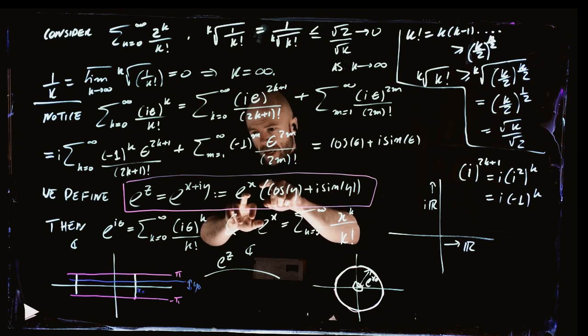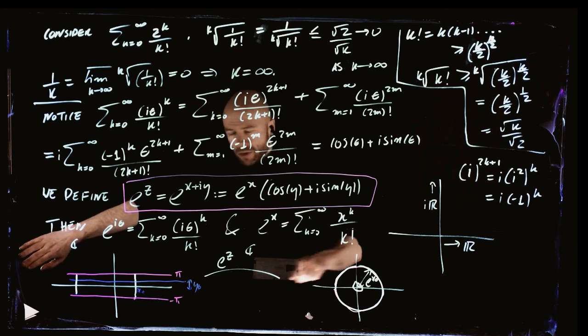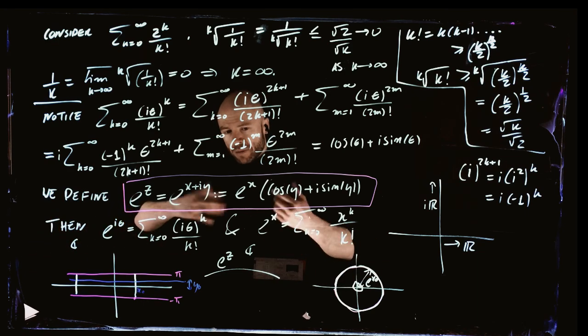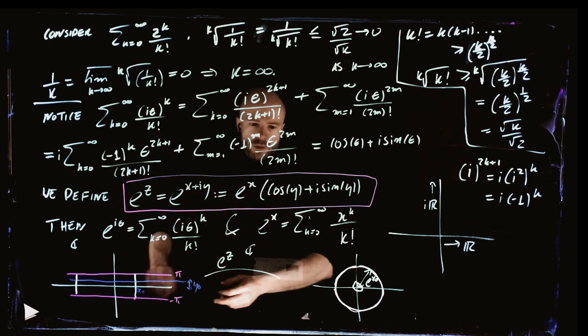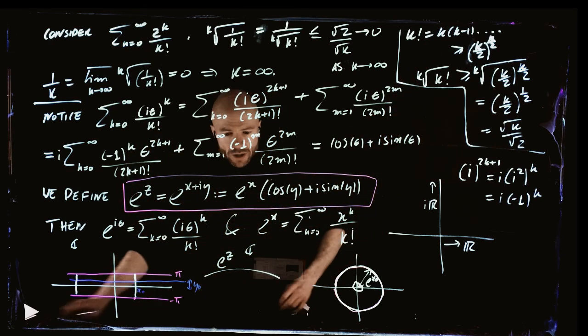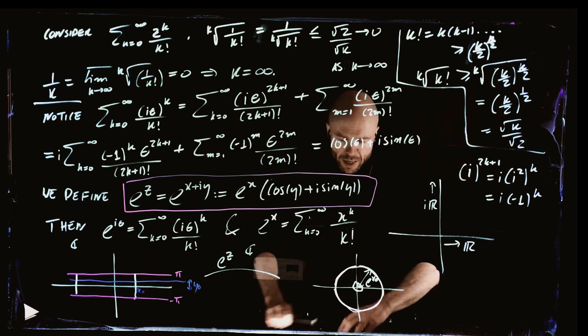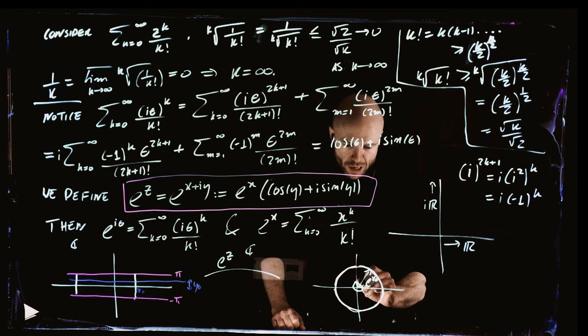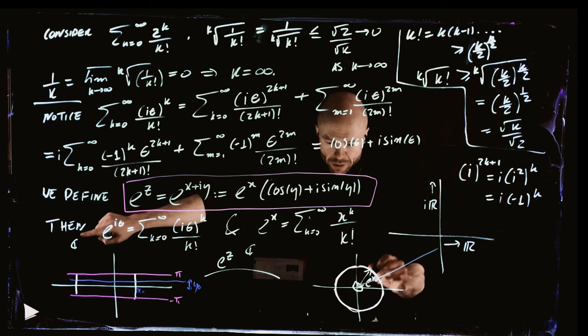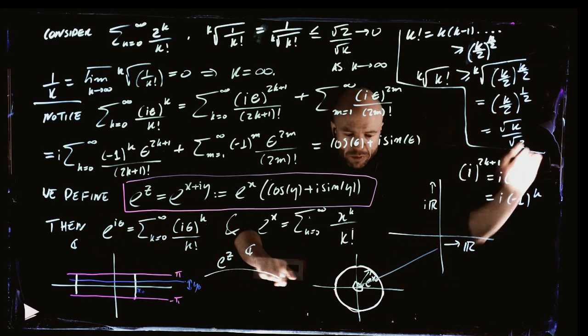As x goes towards minus infinity, we go towards 0, because we have e to the x for a very negative x. And as x goes towards positive infinity, we go towards infinity. So this blue line is going to form this ray going out like this, where this is where we go towards minus infinity, and this is where we go towards positive infinity.